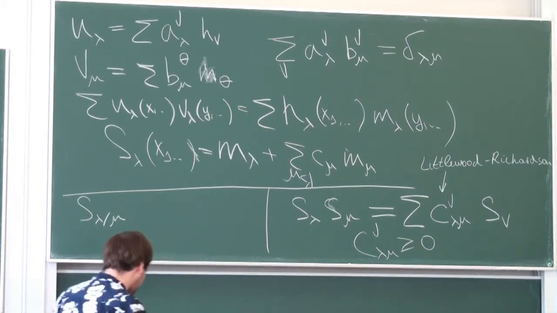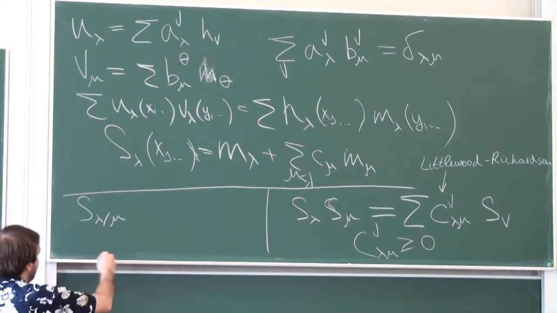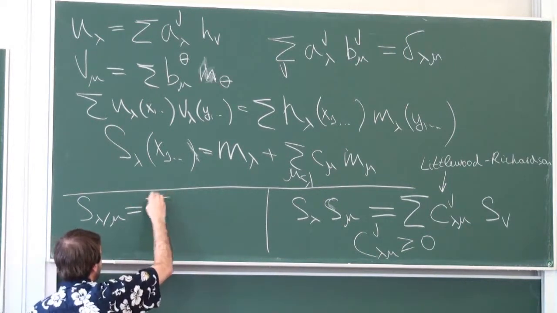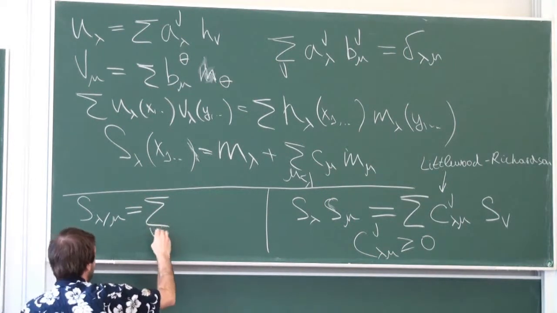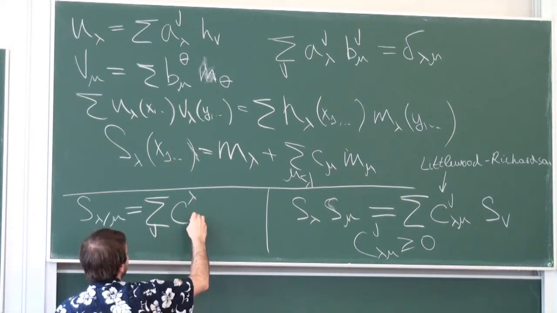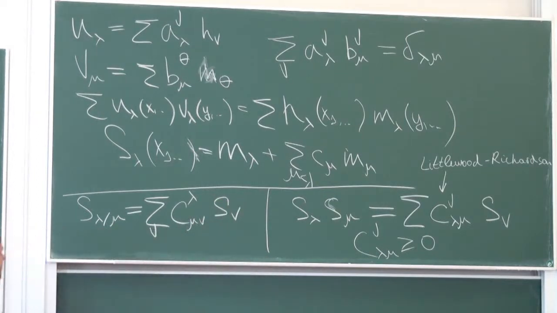Okay, now how to use these coefficients to define a skew-Schur polynomial. You define this thing as the sum over all nu of C lambda nu S nu. What does it mean?